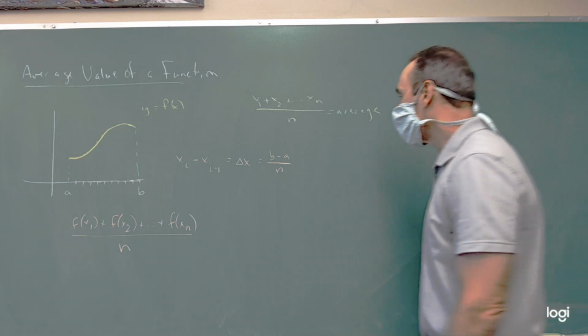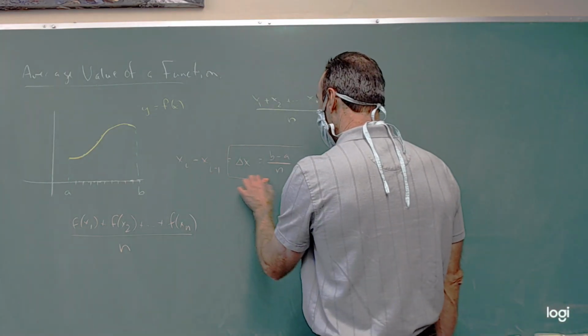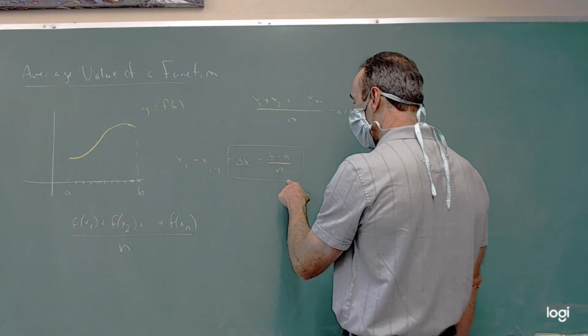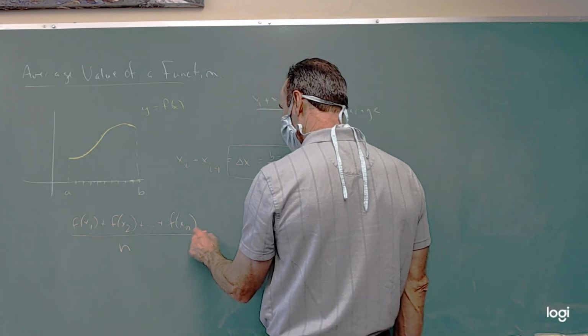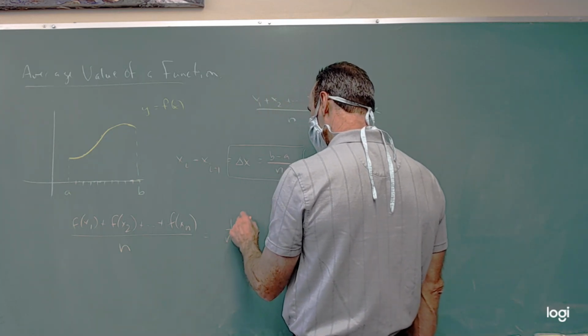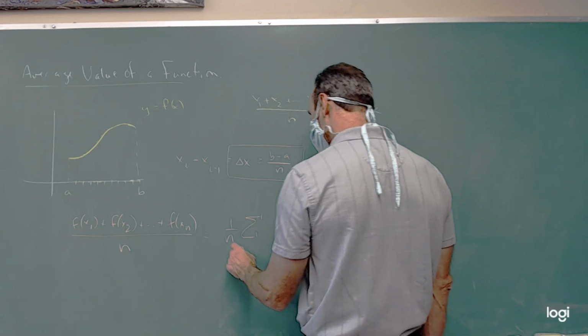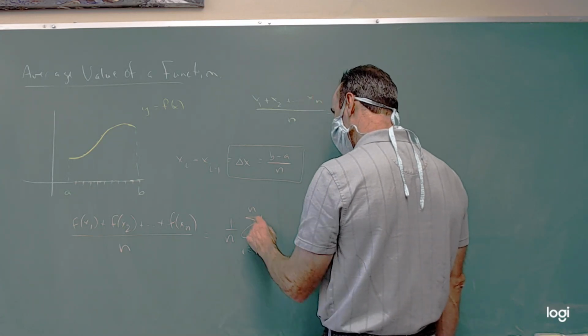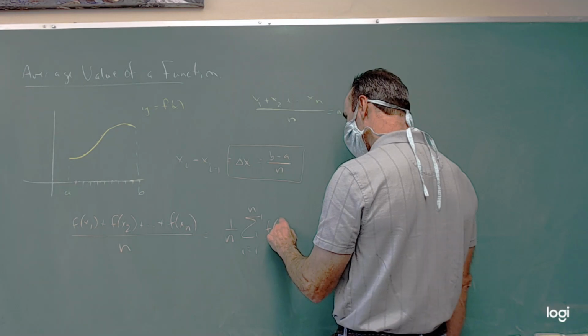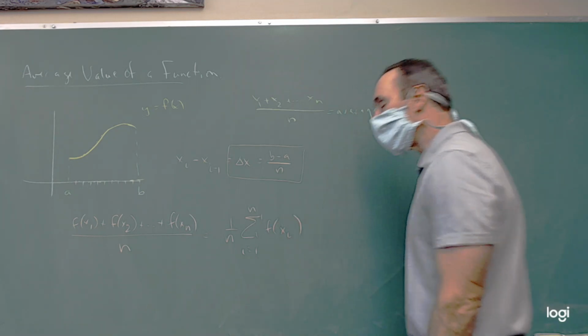So since we're going to do this, we can solve for this, because this is really like 1 over n times the sum, i going from 1 to n of those f of x of i's.